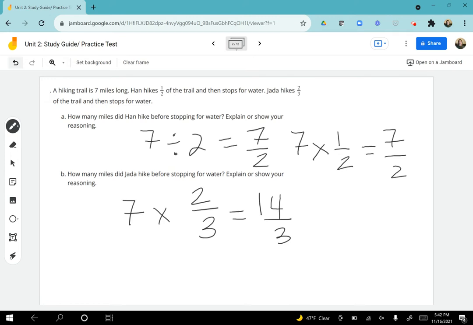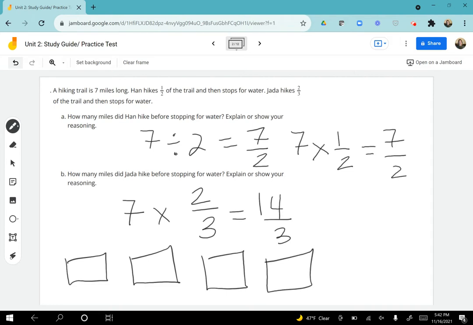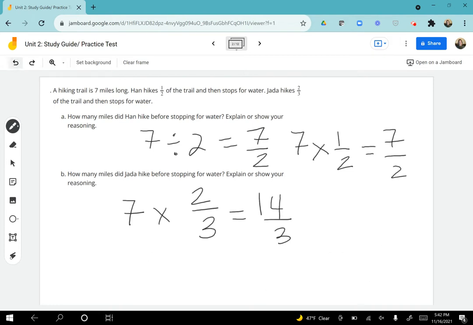But students are also always welcome to draw a picture. And I always tell students that drawing a picture helps make sense of the problem. So if we focus on B, since that part of the question's a bit more complex, I'm going to draw 7 holes to represent 7 miles. You'll have to forgive that my holes are, well, let me try to do a better job here for space.